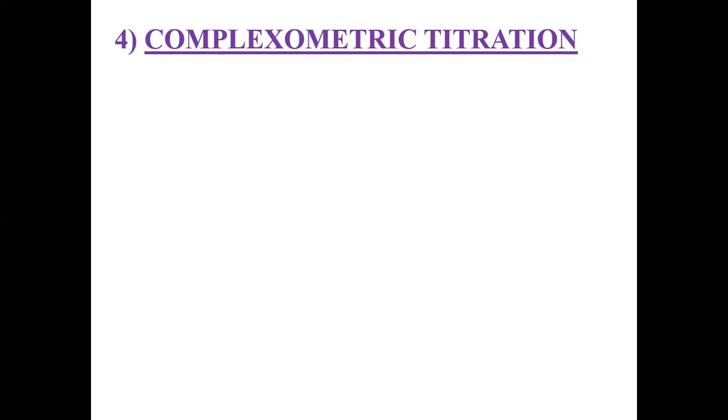So it acts as a complexing agent. It can form the complex with the metal ion. So metal EDTA complex is formed, and this can be used for the detection of the endpoint. So this is all about complexometric titration. Complexometric titration by potentiometry has been employed for the quantification of ions such as cupric ion, Cu+2.